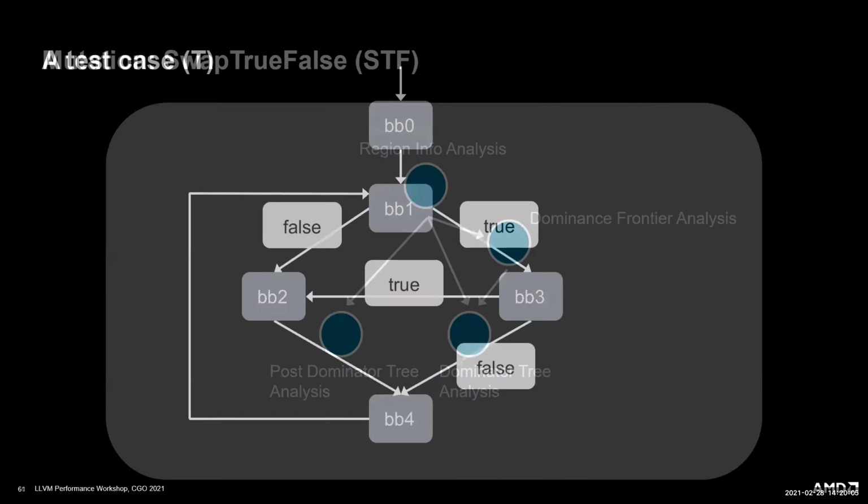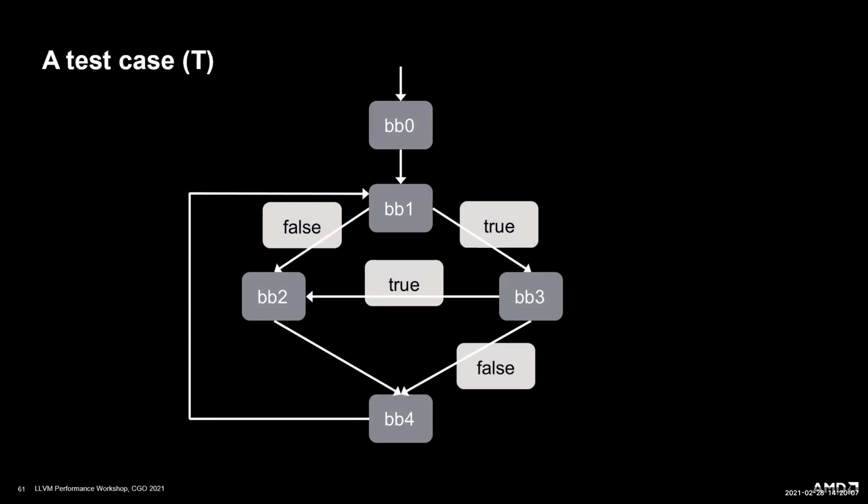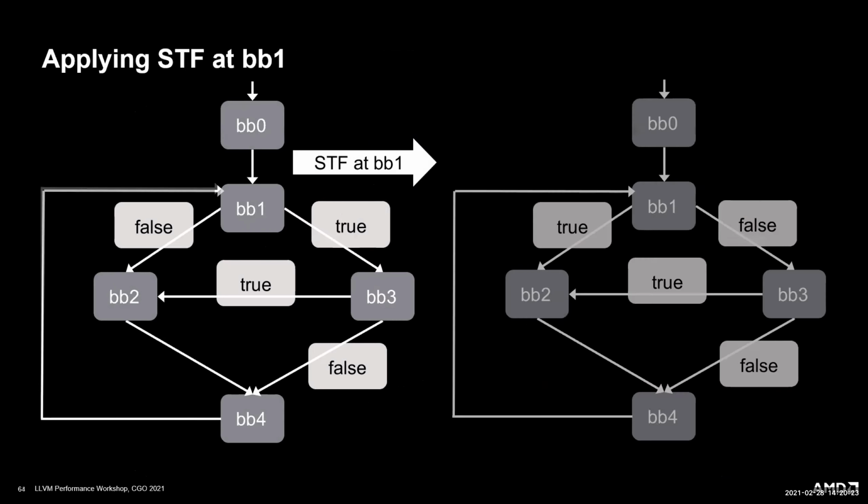Then we have a simple test case, just 5 basic blocks, and we'll use the mutation swap true false that we discussed before. If we apply the mutation swap true false at basic block 1, this is the control flow that we get. It's totally the same, we have just flipped the true and false labels for the branch at the end of basic block 1.